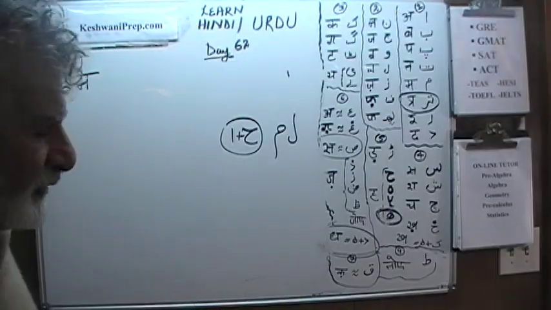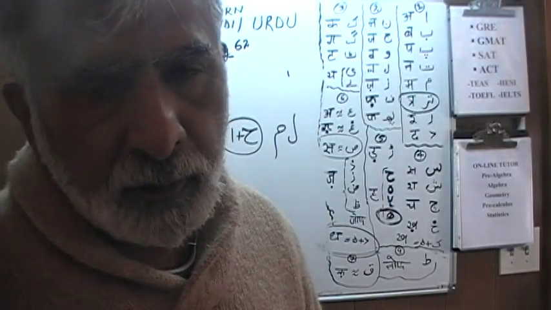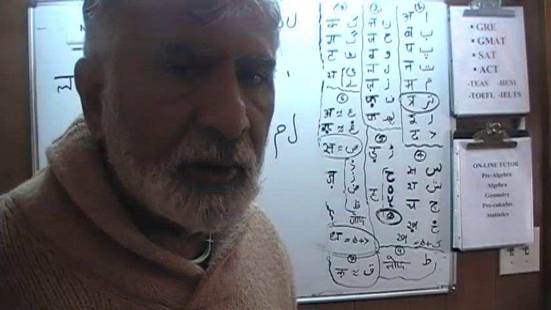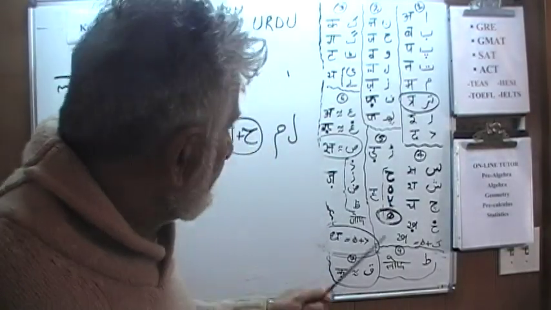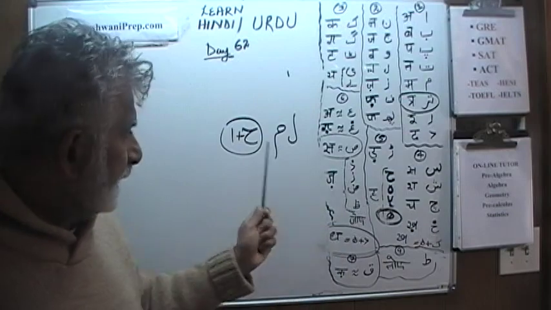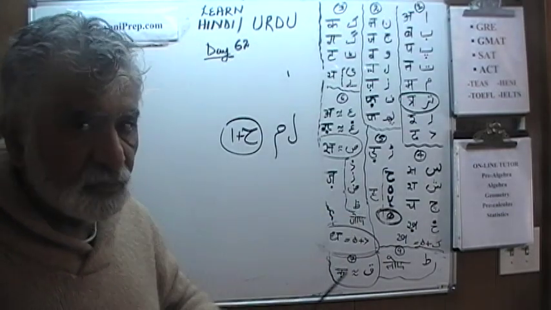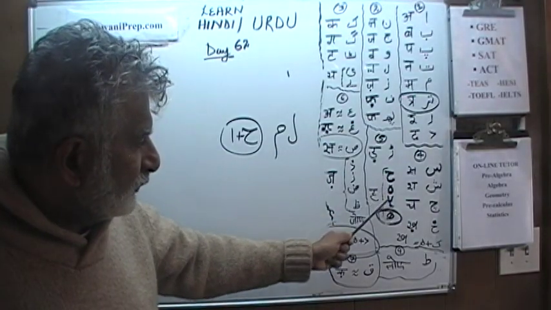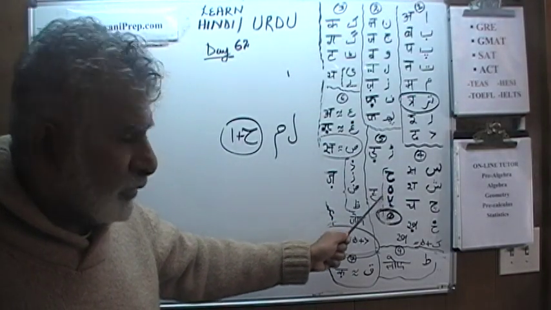But again, as soon as we say ha, we have to pause here and ask ourselves which ha do I use for it to be a correct spelling. There are four ha's. And here it requires the very first one, which is known as badi hai. The top one is called badi hai.